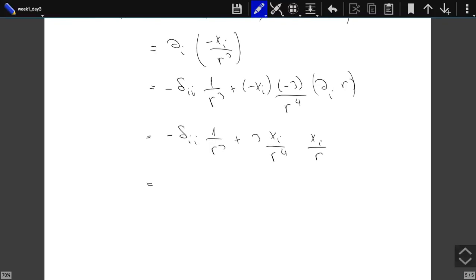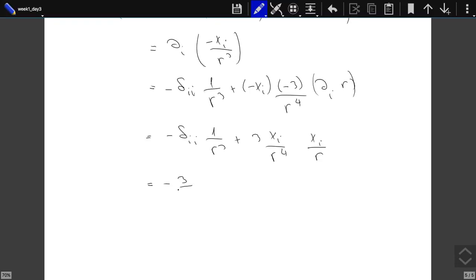Okay, what is Kronecker delta ii? 3. Remember, i is repeated, so there is a summation over i. For each possible value of i, Kronecker delta ii is 1, but we have 3 terms in that summation. So Kronecker delta ii is 3.